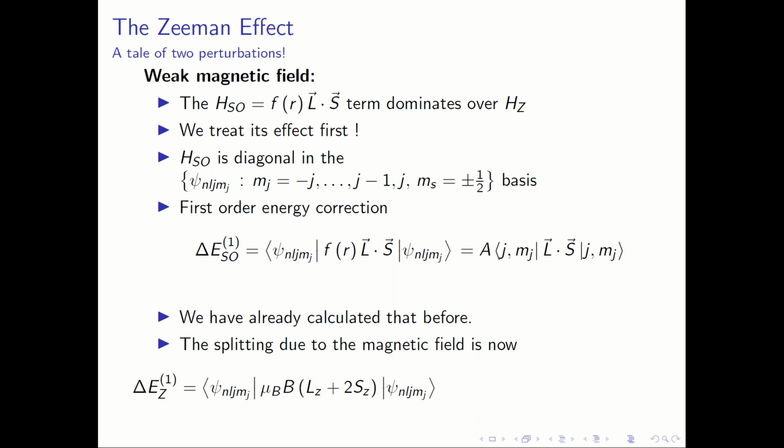The splitting due to the magnetic field has to be calculated using the operator μ_B B (Lz + 2Sz), but you have to take its expectation value in the ψ_{n l j m_j} states. Remember, the spin orbit interaction has already forced the choice of the unperturbed levels on us, and so this is the calculation we have to do.